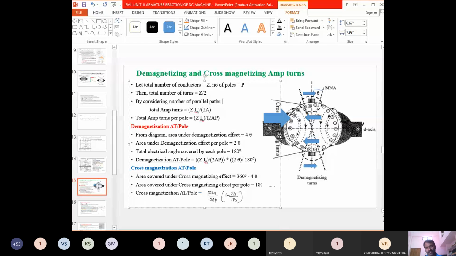The relation between turn and conductor is that one turn has two conductors, so one conductor equals turn by two. And this portion of the conductors are demagnetizing turns. So we finally divided the cross-magnetizing and demagnetizing turns of the armature.